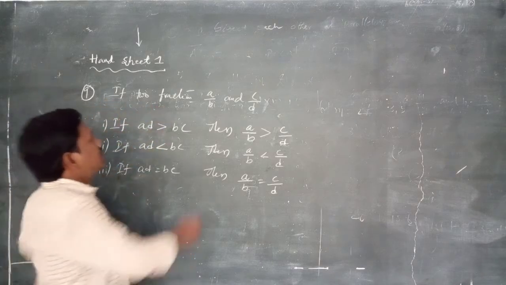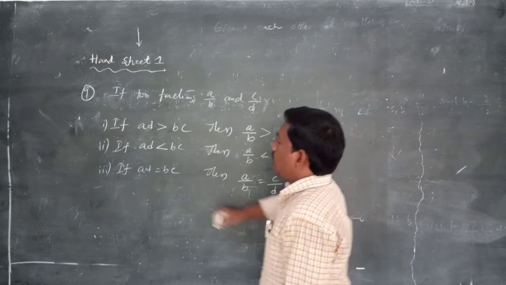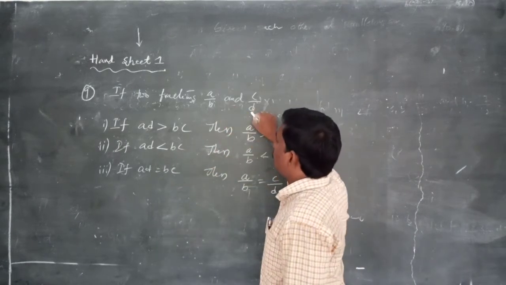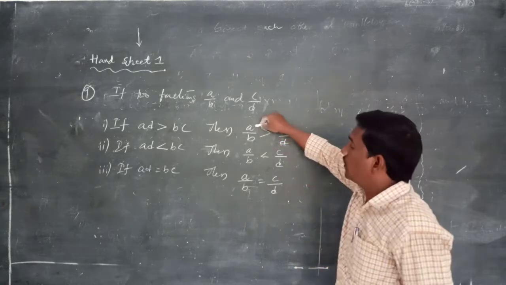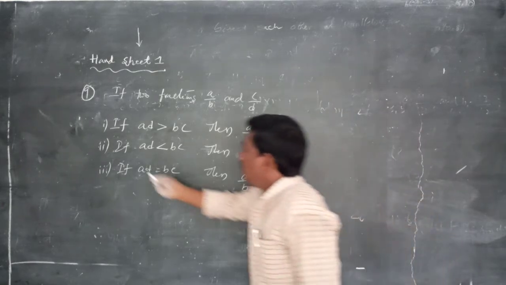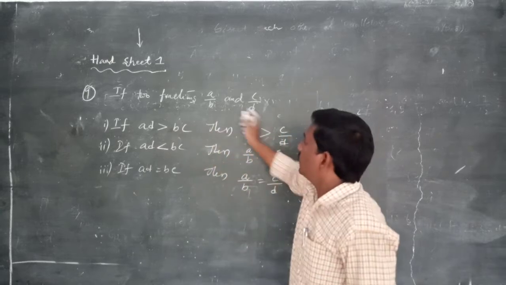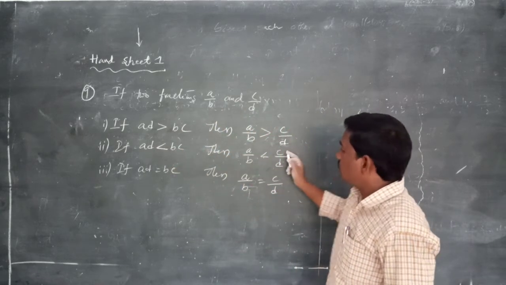If the product of AD is greater than the product of BC, then we can say that a by b is greater than c by d. If the product of AD is less than BC, then a by b is less than c by d.